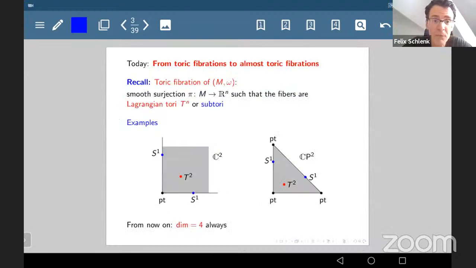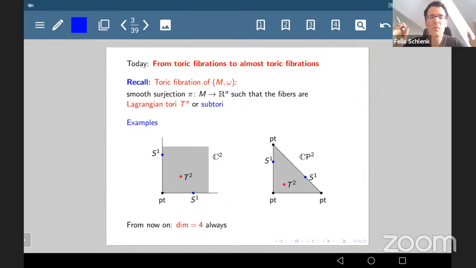Okay, so I briefly repeat what toric was. Of course you can write down the moment map and so on, but somewhat naively, and for most applications it's enough: it's just a symplectic manifold that fibers in such a way that on an open dense set you have good Lagrangian tori, and in the degenerate set where it doesn't quite work, you have isotropic subtori.